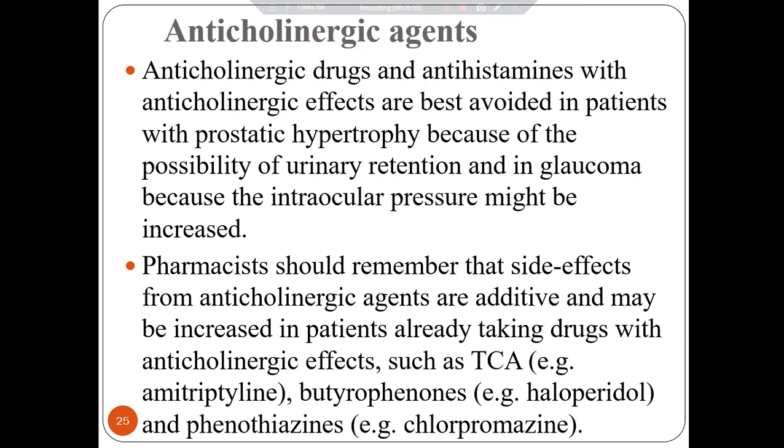All of these drugs have anticholinergic, antimuscarinic effects. So when we give them with anticholinergic drugs, we can increase the possibility of anticholinergic adverse effects, which are dry mouth, urinary retention, constipation, blurred vision, and even tachycardia and CNS effects such as confusion.